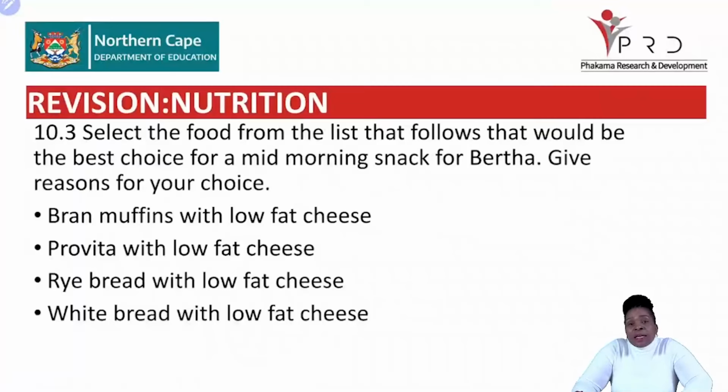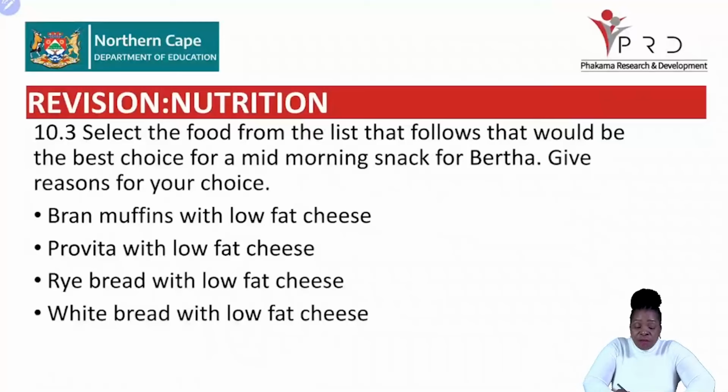And we read that she is always tired and she has actually lost 5 kgs. So we want to choose the best choice for Betha as a diabetic patient.